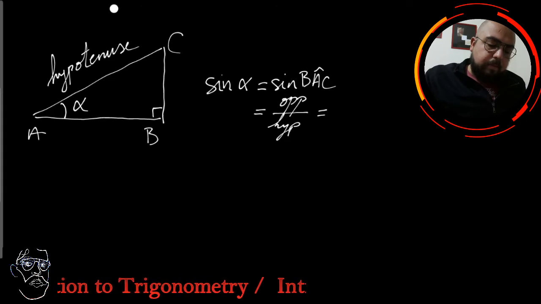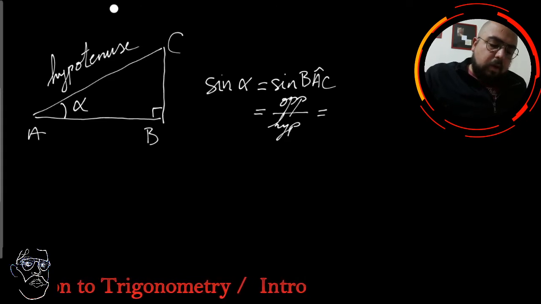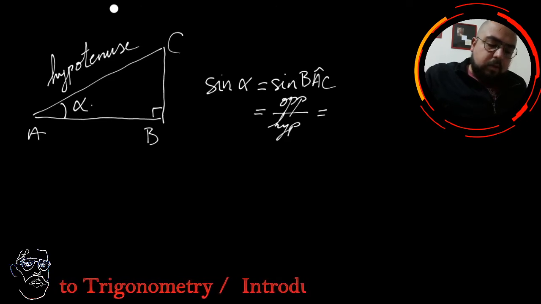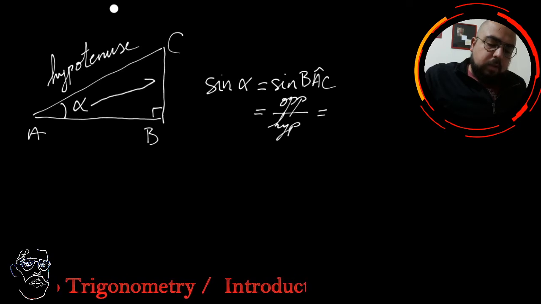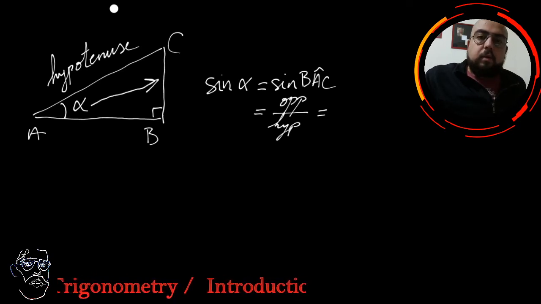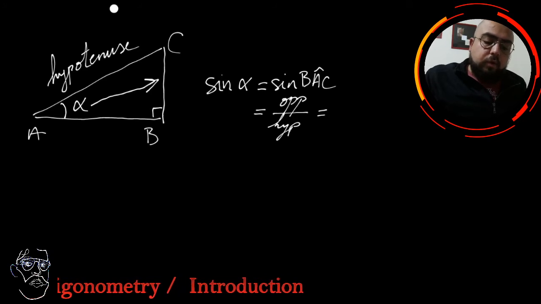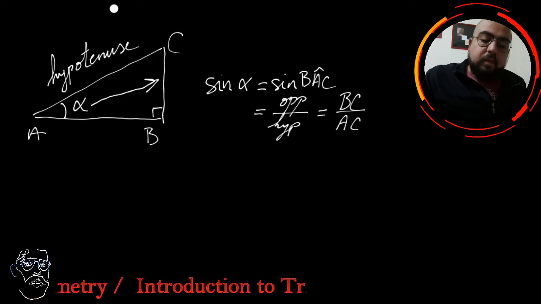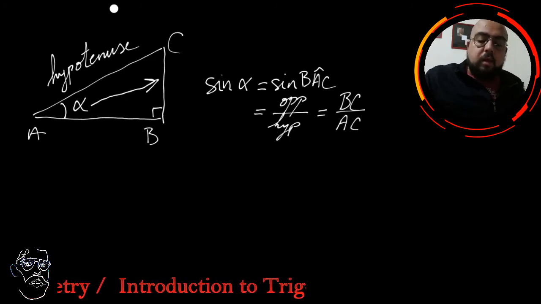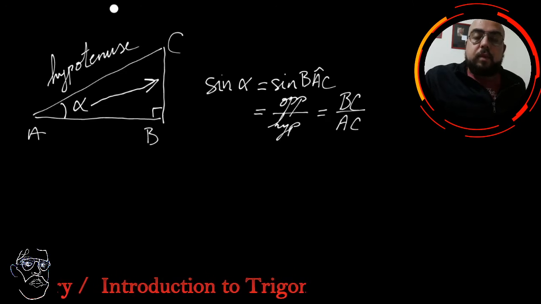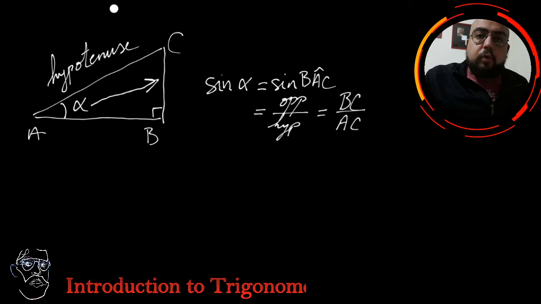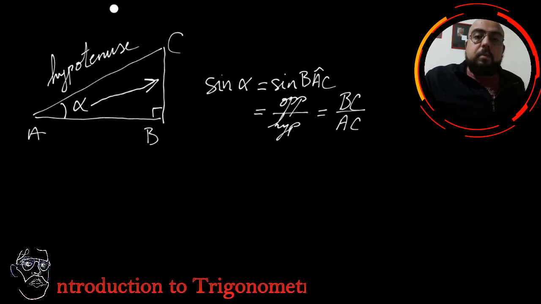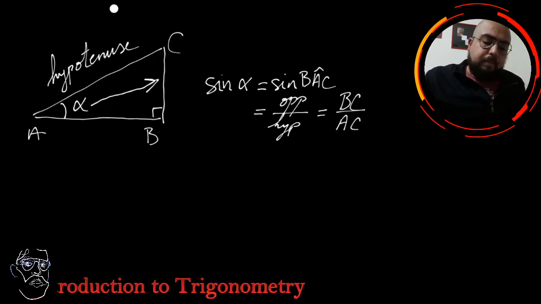Very simple. A has this side, which is CB, directly opposite to it. So the opposite is BC. As for the hypotenuse, it's AC. And this is how you calculate sine alpha, which is sine of BAC, and it's the ratio of the opposite side over the hypotenuse. It's BC over AC.